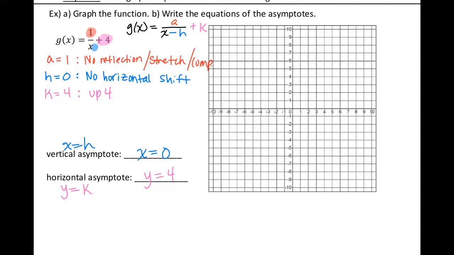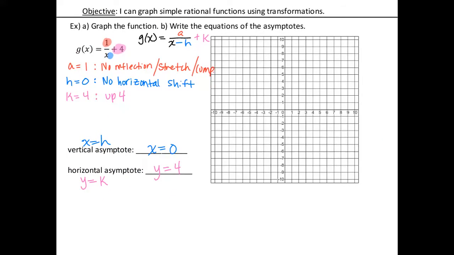Okay, so this is where you're going to take your ruler and you're going to draw your two asymptotes. And so if I look at x equals 0, I'm going to go on the x-axis, I'm going to put a dot at my 0. And I'm going to draw vertical asymptotes, so the one that goes top to bottom, but I'm going to draw a dashed line. So you're going to put your ruler, and I would use a highlighter maybe so visually you can see it, it will stand out.